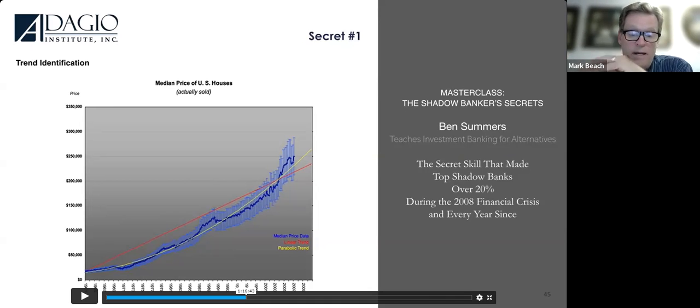And then of course, as we're looking at the red line, which is a linear equation or a linear plotting of those median prices, and the yellow exponential curve, or the parabolic trend, as Ben calls it, same thing. What this does is it allows him to take historical data, like all of these median prices, and determine what the equation is, because he's not given an equation, he's just given data, right?